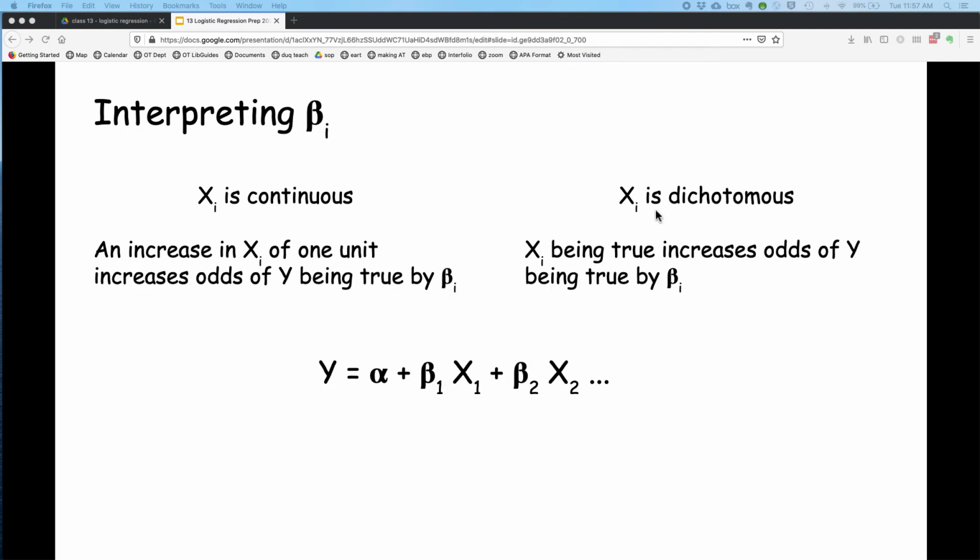If x sub i itself is dichotomous, so graduated high school, gender, anything with two possible values, x sub i being true or 1 increases the odds of y being true by beta.